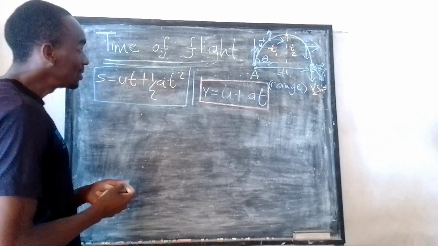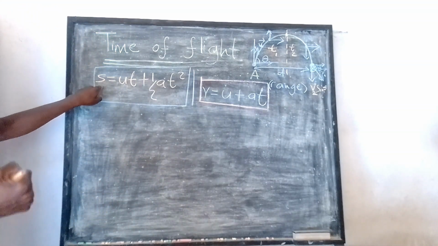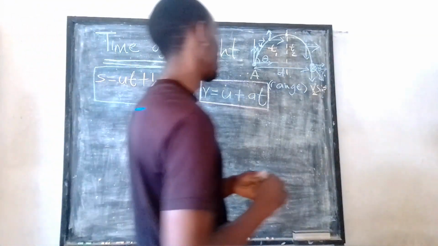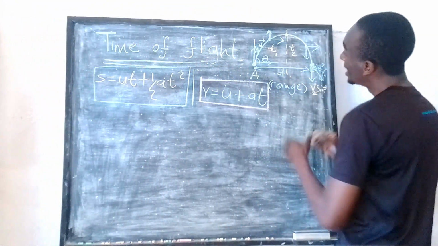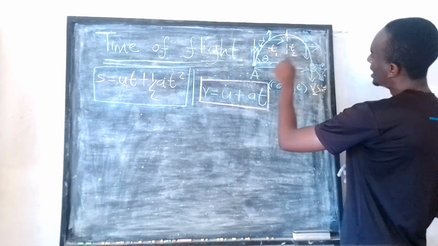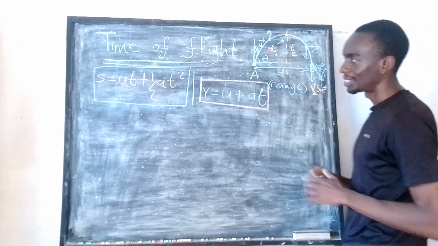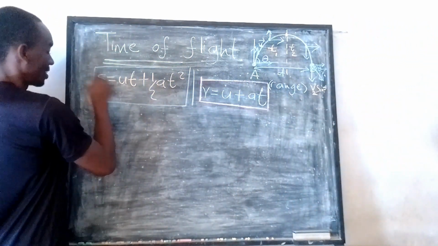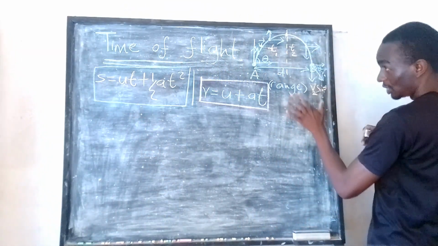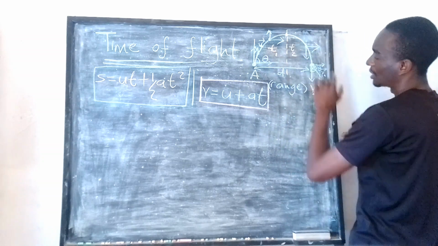It can be a bit tricky if you're not very familiar with the idea of displacement. But in this particular case, where our object is launched from point A and arrives at point B, and point A and point B are at the same level, this S is the displacement. In this particular case, it is the vertical displacement.